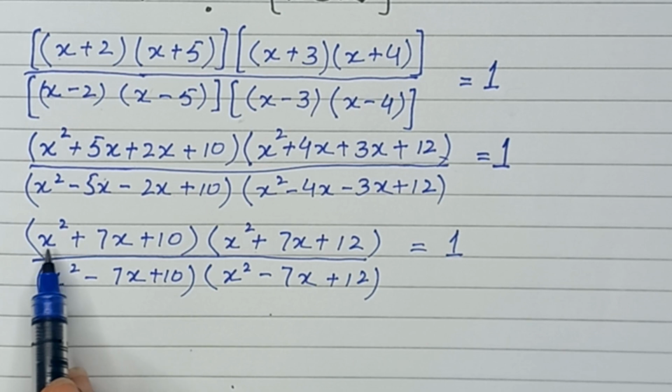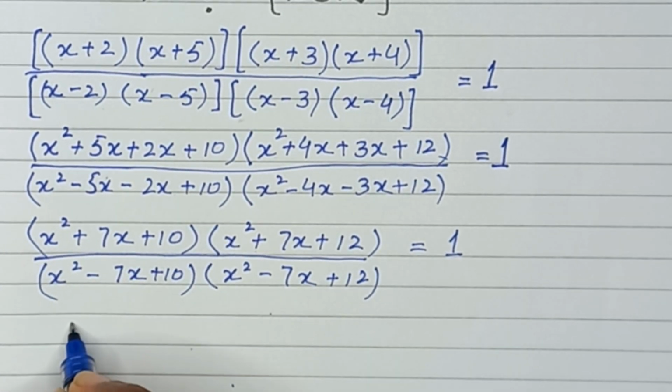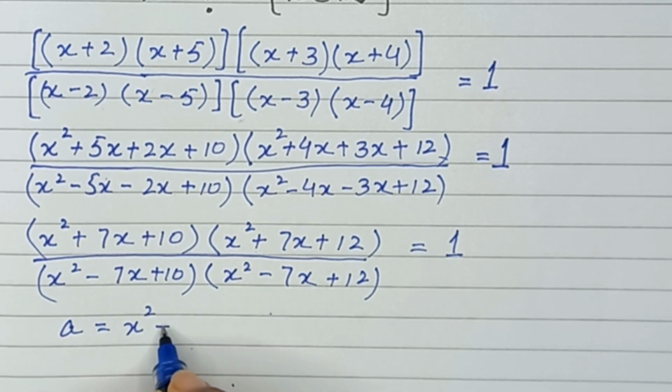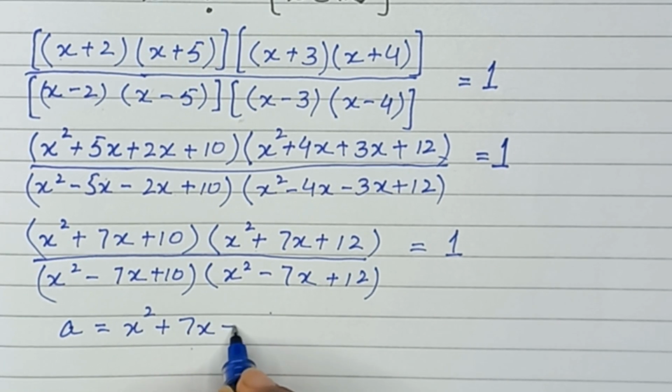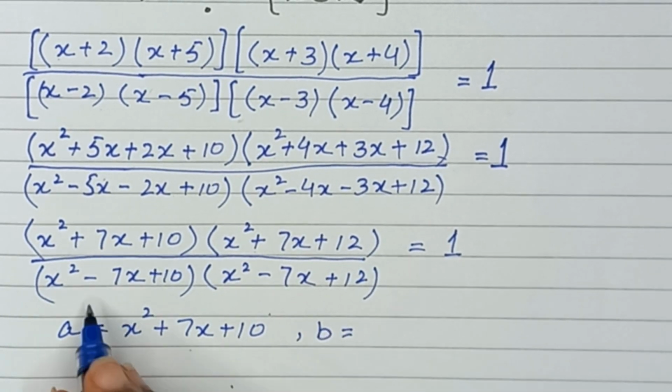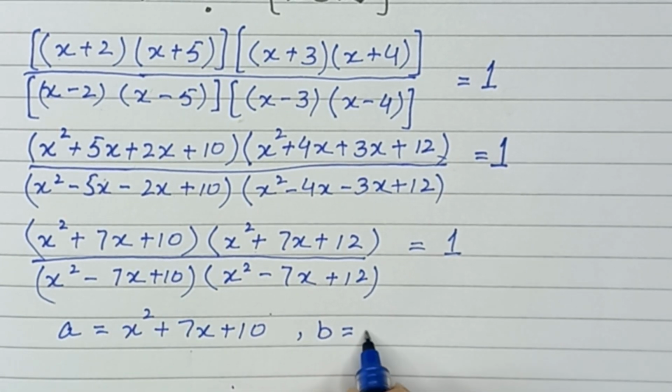Now we will let a be equal to x square plus 7x plus 10 and b be equal to x square minus 7x plus 10.